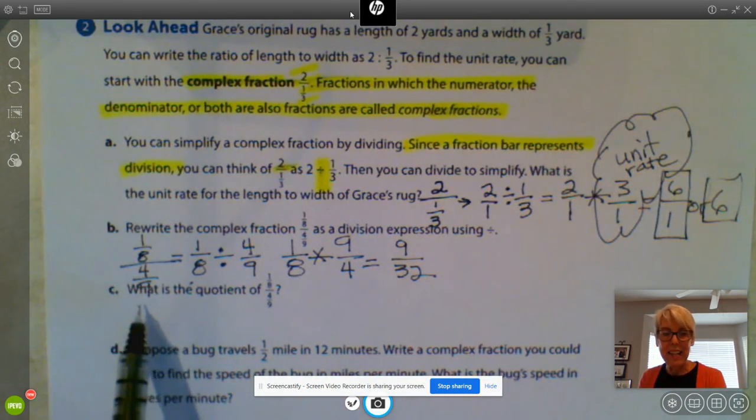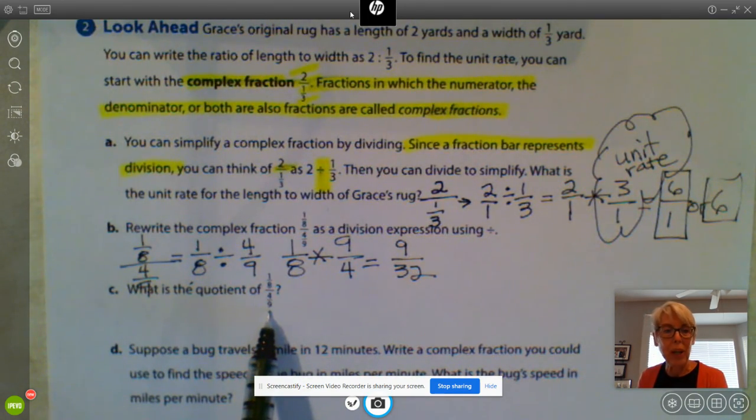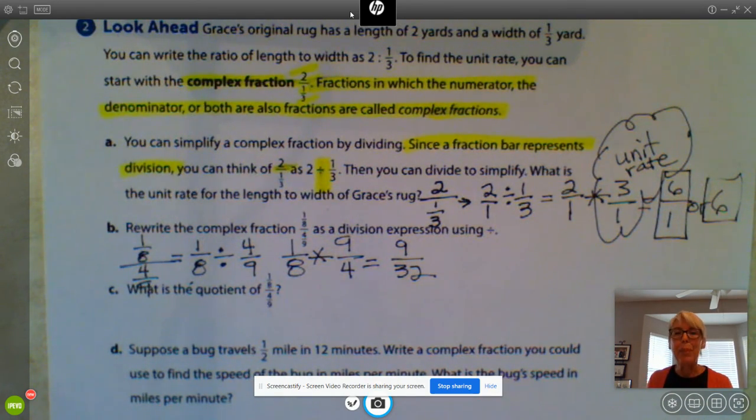And that lets us answer question C, which is, what is the quotient of 1/8 over 4/9? Quotient is a fancy big word. That means, what's the answer of this division problem? A quotient is the answer to a division problem. Remember that sum is the answer to an addition problem, product is the answer to a multiplication problem, and quotient is the answer to a division problem.